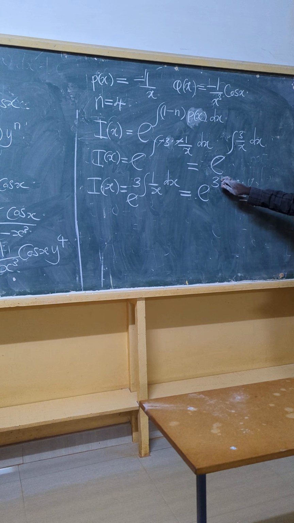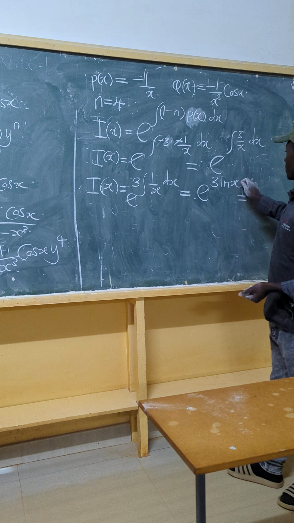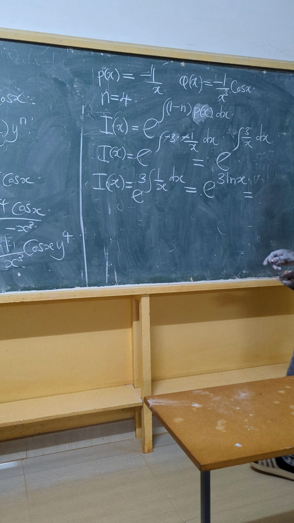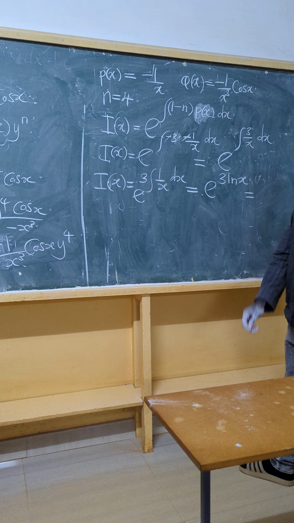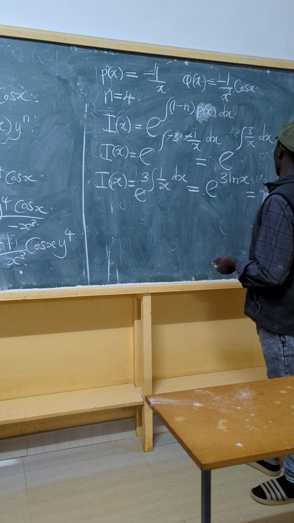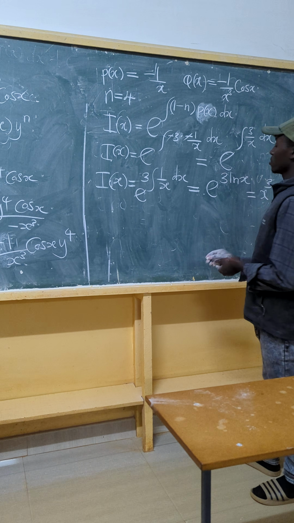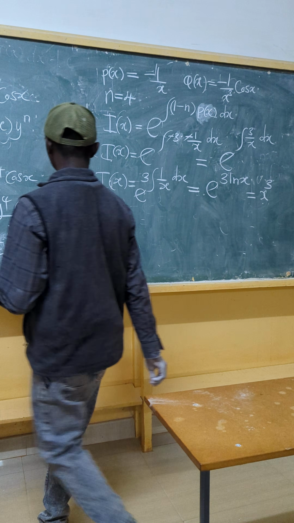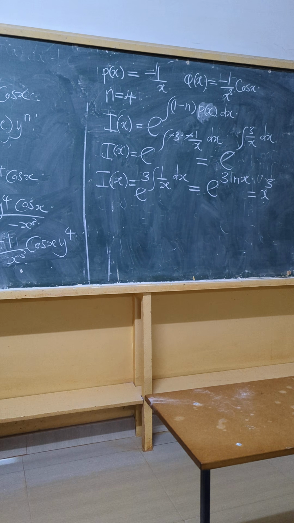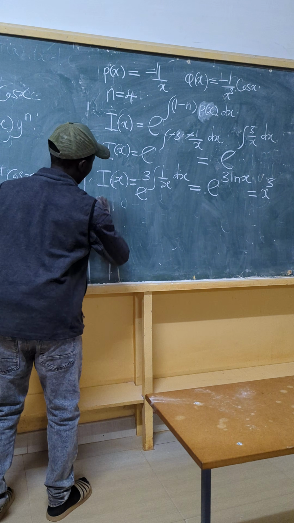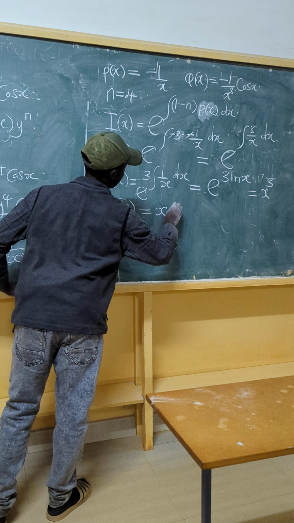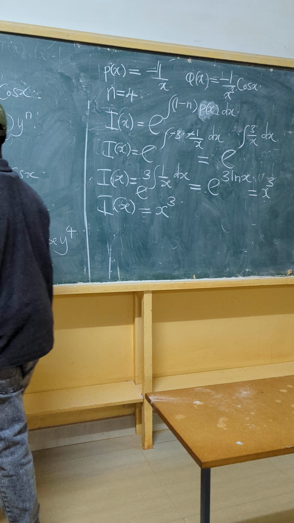This 3 will automatically be the power of x. If you add the negative there, it will be x to the negative 3. Since it's positive, it will be just x cubed. So that's our integrating factor: I of x equals x cubed.